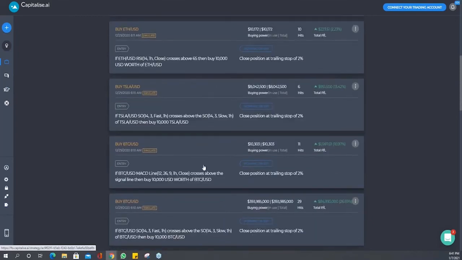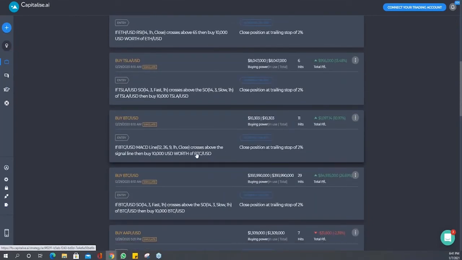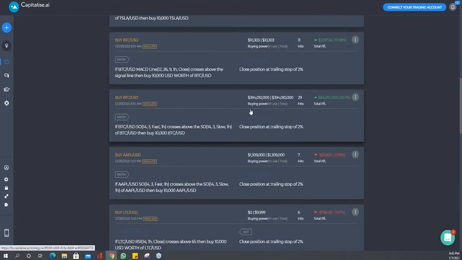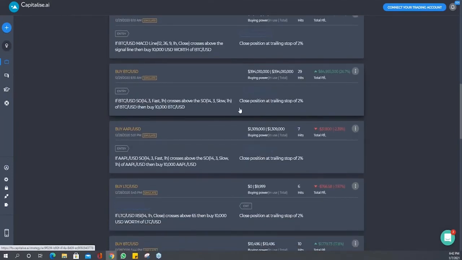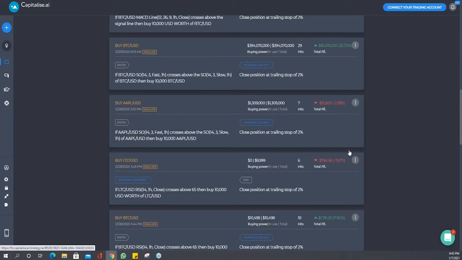Here I'm running one on a MACD. The exact same one, just this one on Bitcoin US dollar. And a simple crossover of the signal line, 2%, 11 hits at 10.99%. I think actually this week's been really amazing because that's stochastic as well, because I've had these 2 hits, and these 2 hits are fairly, I mean, they've taken the wind out of me because it's almost 10%.